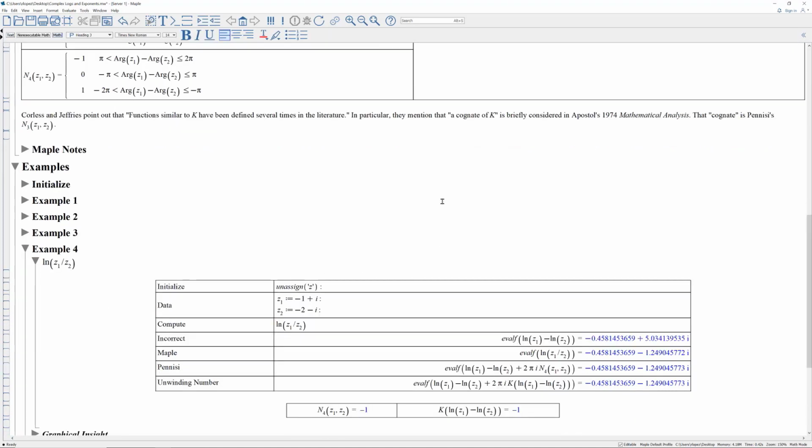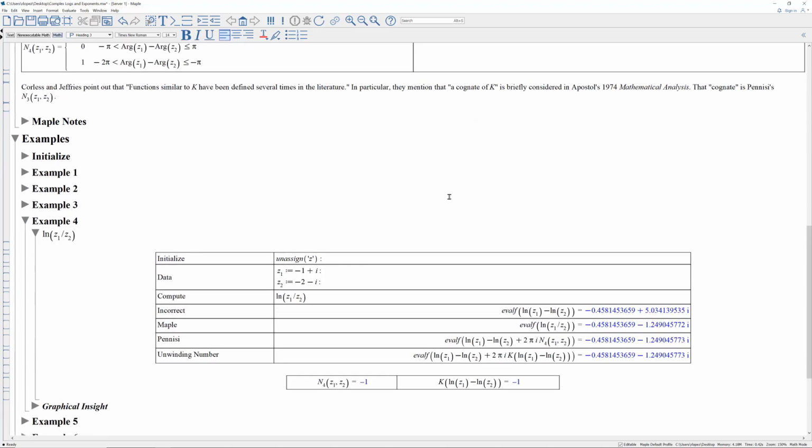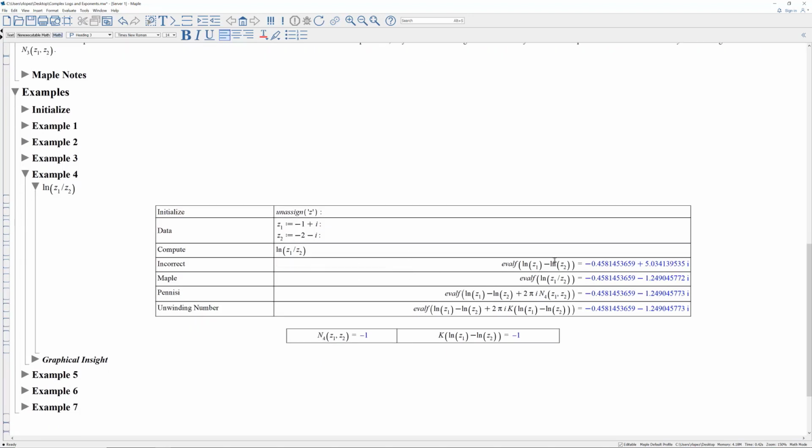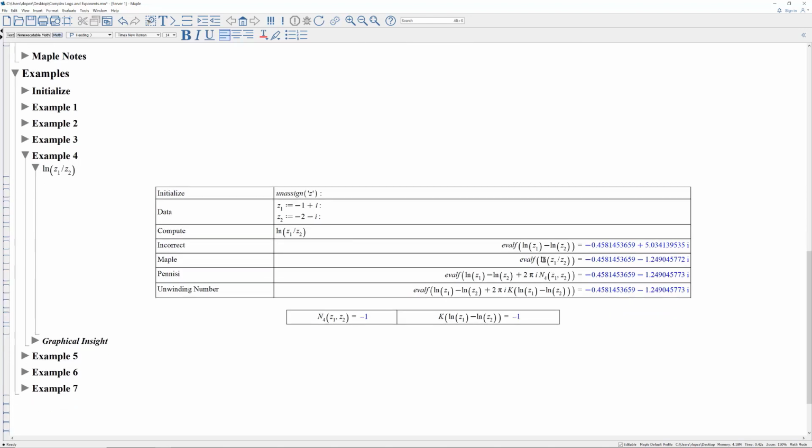So we need two z's, z1 and z2, and we're looking at log of the quotient. This is the incorrect. If you just write down the difference of the logs, this is what you'll get. If you do it in Maple, so you get the right answer, log of the quotient. Real part's okay, but it's the imaginary part that's not.